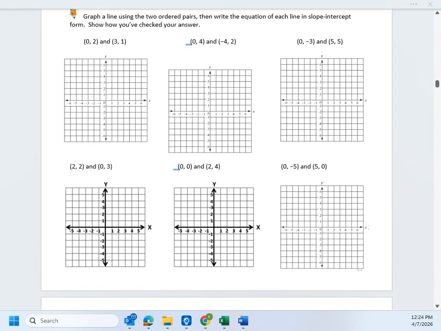What do you think we should do first? What do you think our first step should be? Colton? Plot the points. Yeah, plot the points. So we have 0, 2, and we have 3, 1. Draw your line.